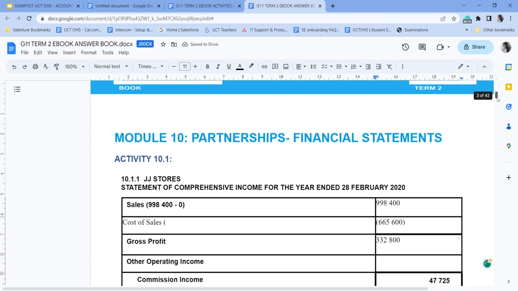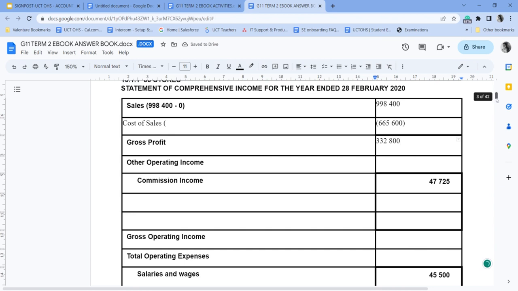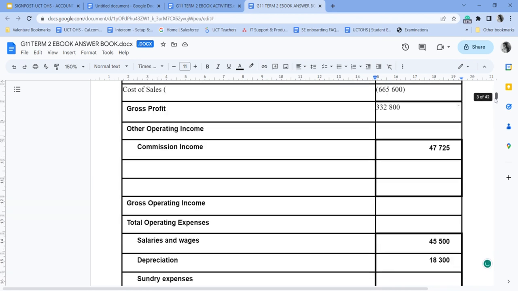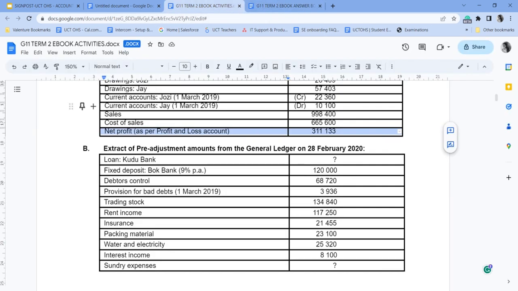So it means we can continue to get our other operating income. It seems like they've already done their first other operating income, which is commission fee of 47,725. Let's look at the next other income. Okay, like this. So we have rent income.